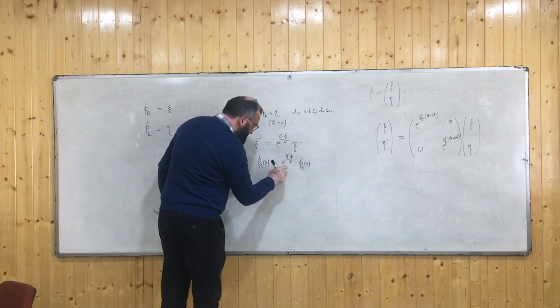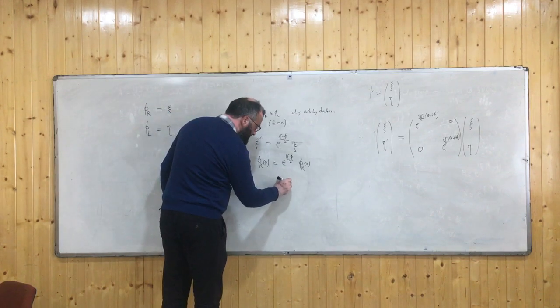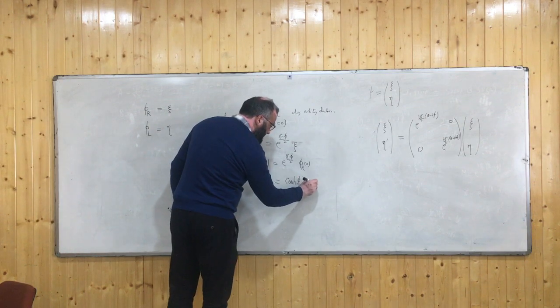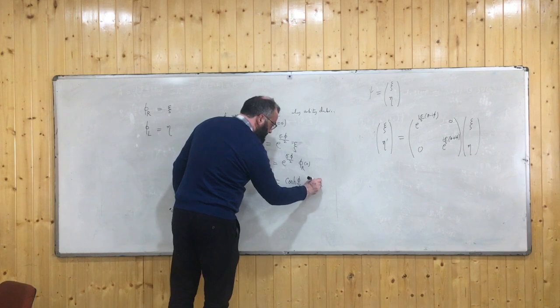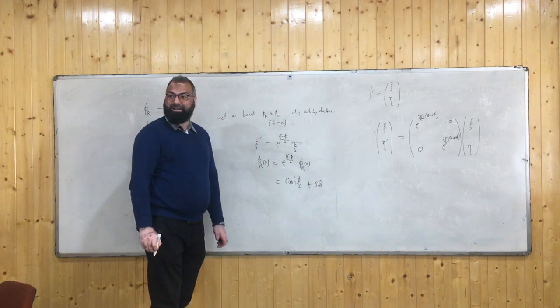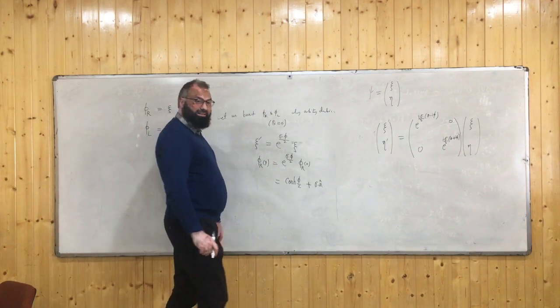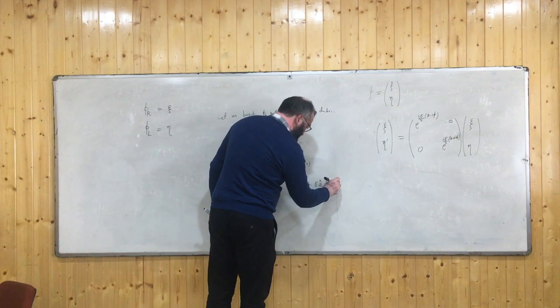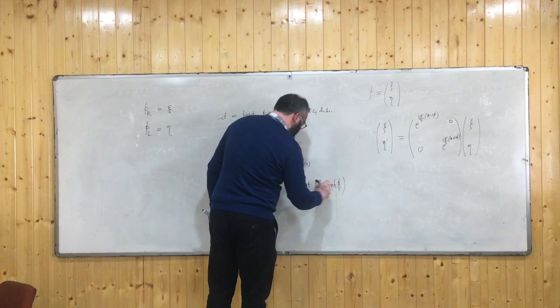Now what is this e raised to the power sigma dot phi by 2? It will be simply cosh of phi by 2 plus sigma dot n sinh of phi by 2.